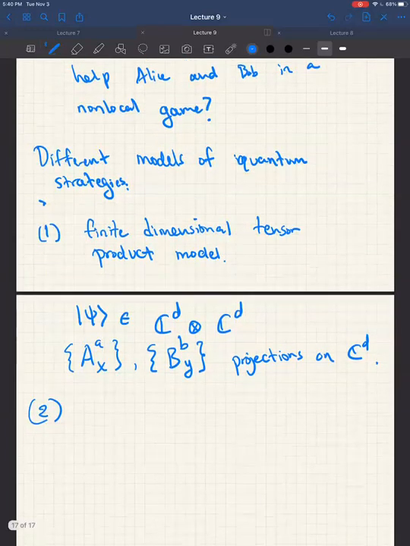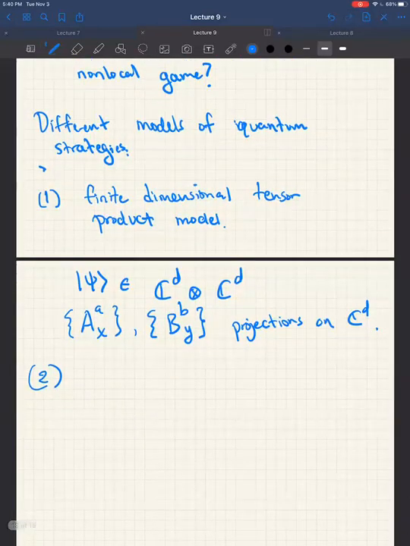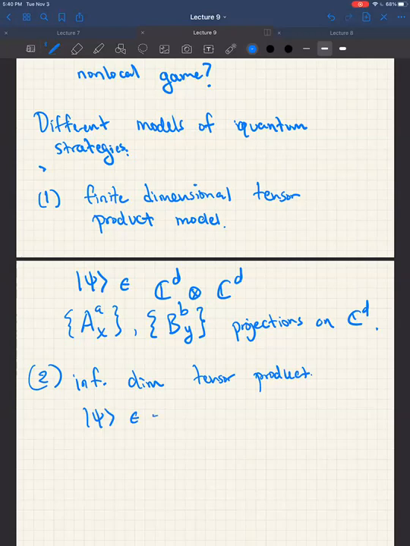Well, you can say, let's not restrict ourselves to finite dimensional ones, but let's say infinite dimensional, but still tensor product spaces. So now the state psi belongs to a tensor product of two arbitrary Hilbert spaces. The Hilbert spaces can be infinite dimensional, right? So in particular, they can capture the Hilbert space of a molecule.